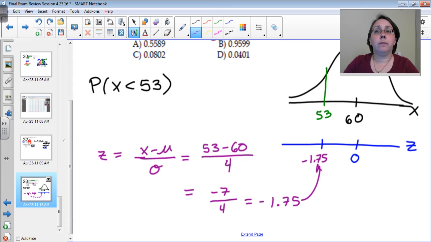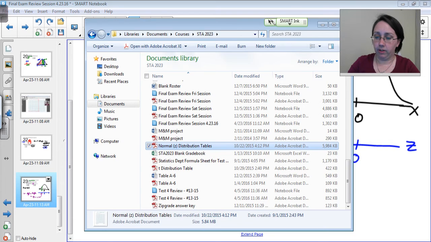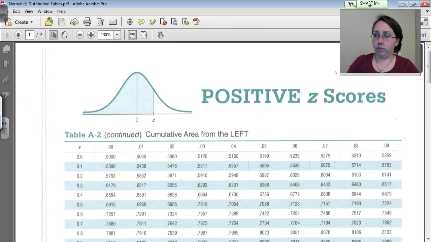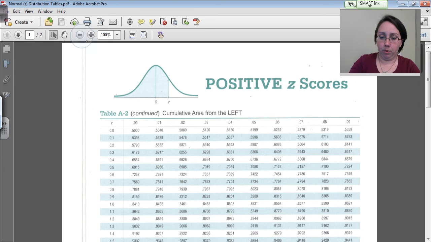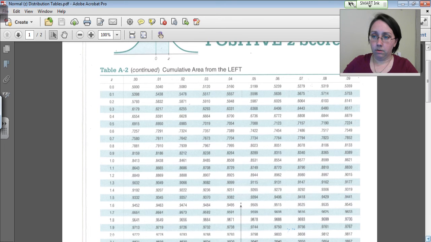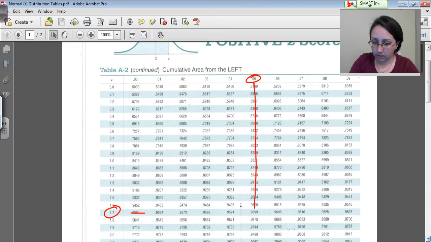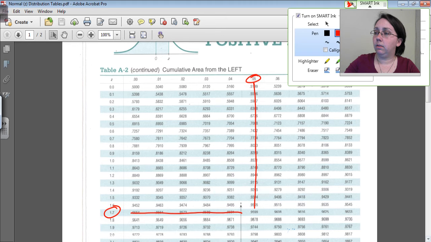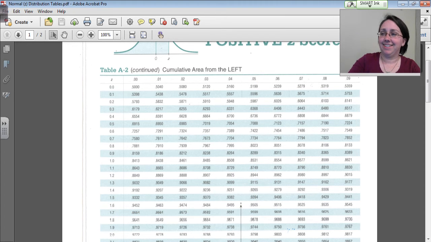Now find -1.75 on the table. I just closed my z-score table. Shouldn't have done that. All right, so zoom out here. -1.75. Too far. .75. Find where they meet. Oh, you're right. I am on positive. I can still get it.